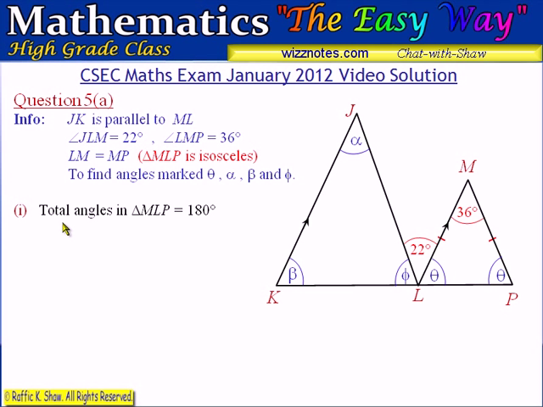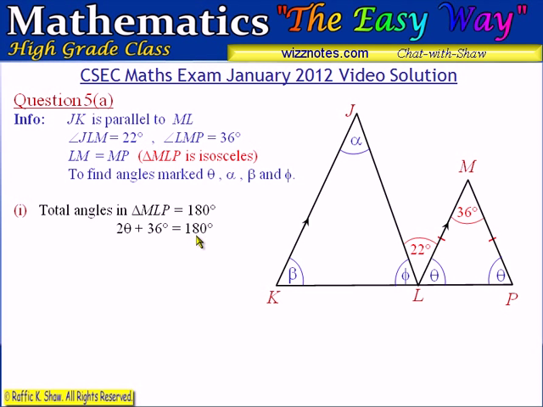So to find this first angle here, we're going to use the fact that the total of the angles in this isosceles triangle is 180 degrees. These two are equal, and so we can write an expression: 2 theta plus 36 degrees will add up to 180 degrees.